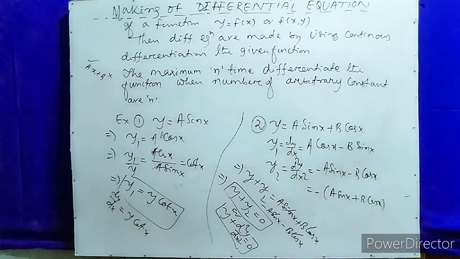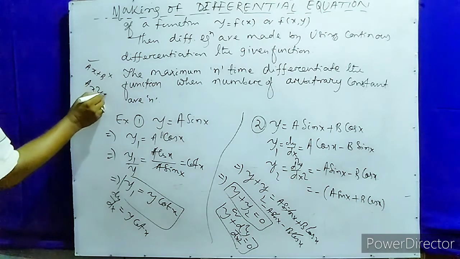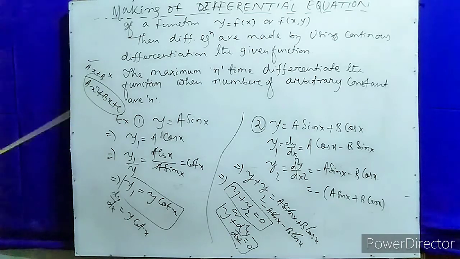For example, look at ax square plus bx plus c. In this case, how many arbitrary constants? Two arbitrary constants. C is not an arbitrary constant because C is not along with a variable. A and B are along with variables, so they are arbitrary constants.